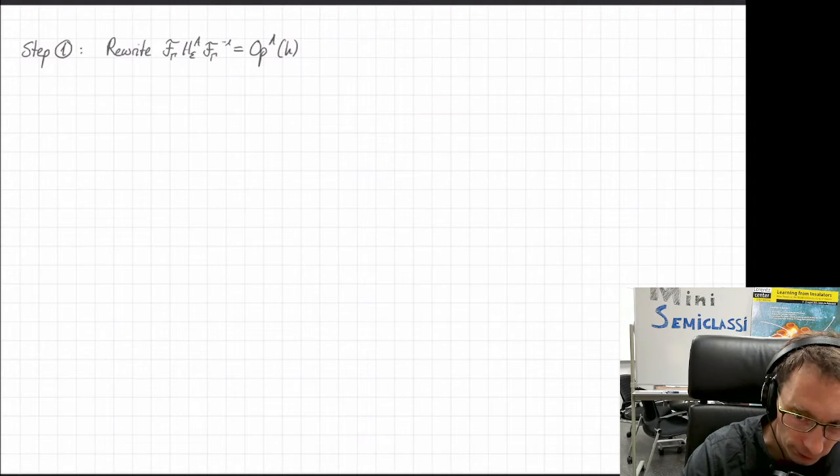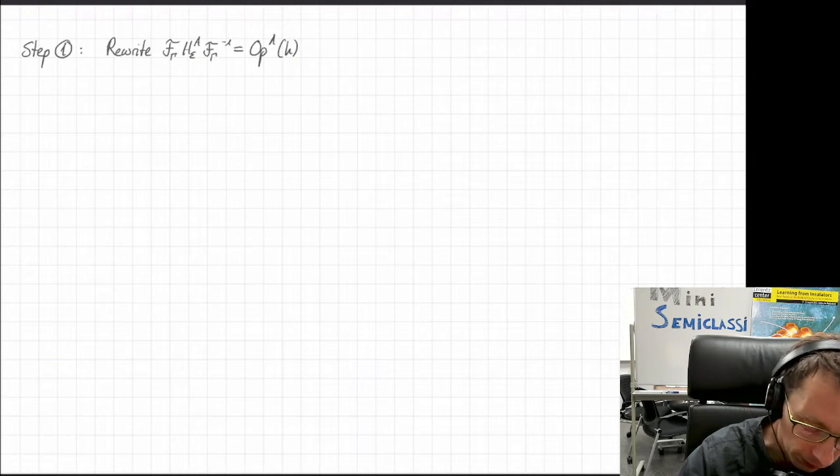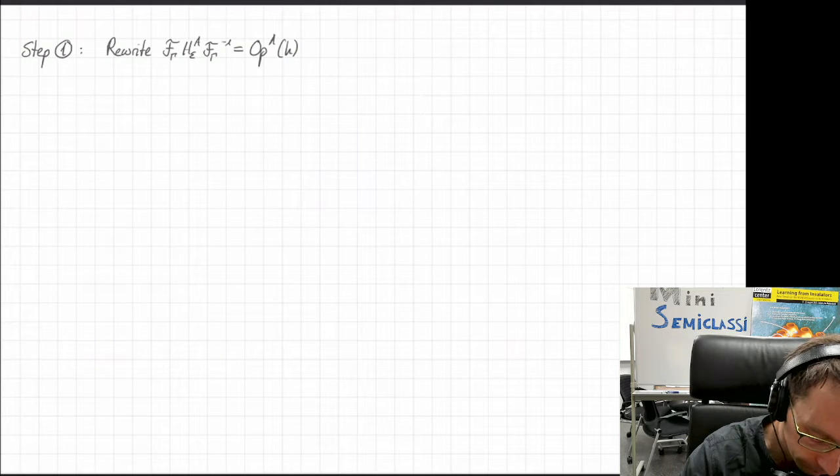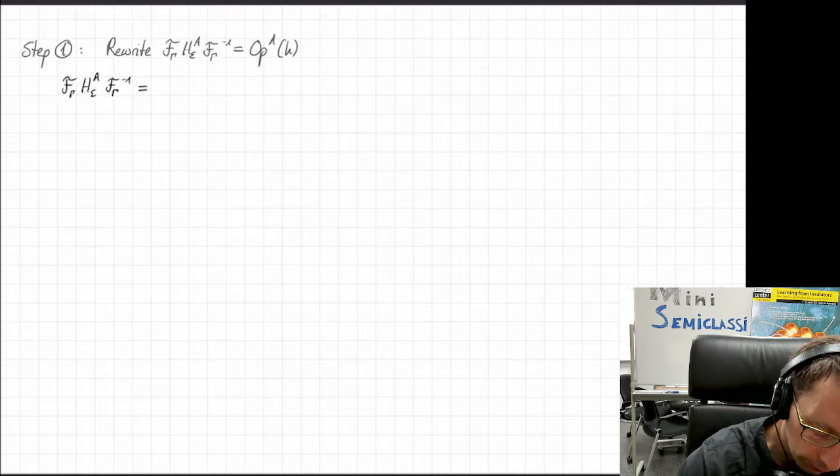So let me just first of all write down the left-hand side. So here, Z h epsilon of A Z inverse. If you do the computation, then you get minus i gradient plus k hat.